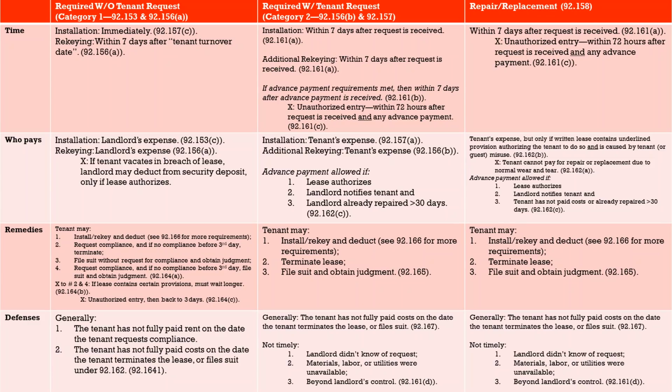So you'll see this chart breaks down the security device categories, category 1, category 2, and also has a column for repair or replacement, and then it addresses time, how quickly the landlord has to comply, who has to pay, what the potential remedies are for a tenant under each category, and what the potential defenses are for a landlord under each category. So hopefully that will be helpful for those of you who want to look into this a little bit more.